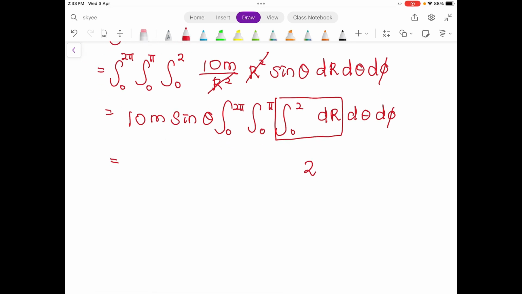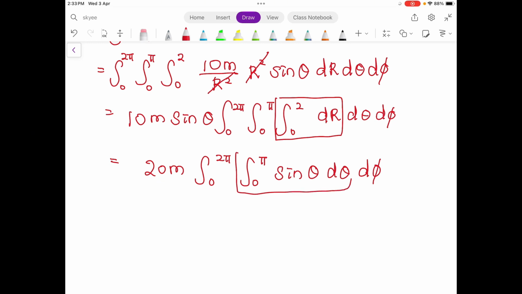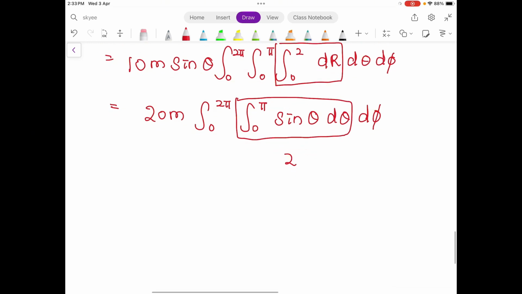So you take out the 2, it becomes 20 milli, then 0 to 2 pi, and 0 to pi, sine theta d theta d phi. This one, when you press the calculator, will give you 2. So you get 40 milli, and then outside will give you 2 pi, so it will be 80 milli pi.